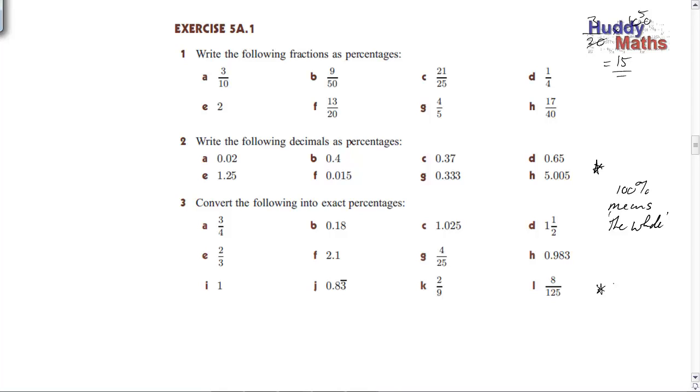Where you get caught, you'll need to possibly use the calculator there. Here's an interesting one, 0.83 recurring. Okay, remember that 0.3 recurring is a third, so you might have to be careful with that because they say into exact percentages. Okay, no rounding allowed. All right, how are you going? I'll show you the answers now.